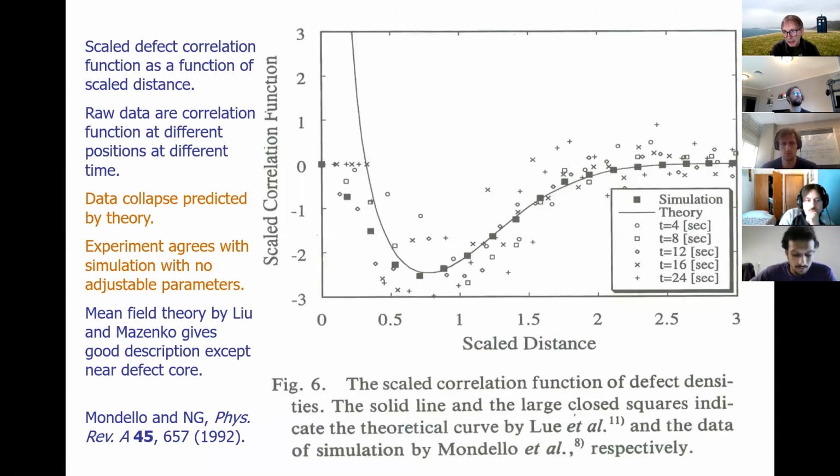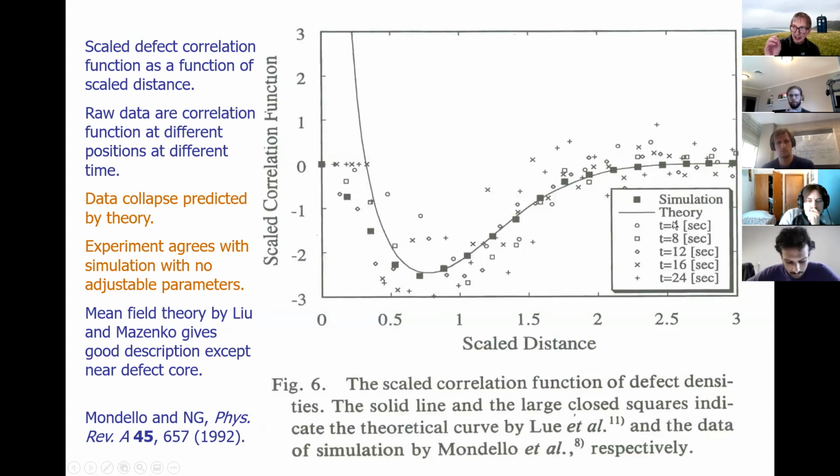So what we did was, in theory, and this was done in 1992, before the experiment was done, we simulated this type of experiment, and we discovered that you should get the data collapse of the correlation functions as a function of distance. So this is the scaled correlation function on the vertical axis. This is scaled distance here, and these are data taken at a variety of different times.